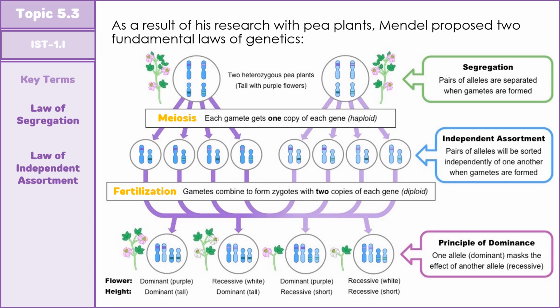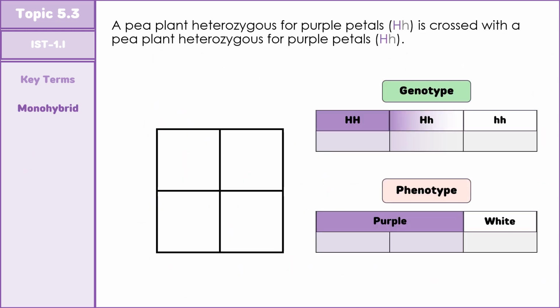If we're dealing with a monohybrid cross, we are going to be looking at a single gene. Mono means one. So I've got a problem set up here where we have a pea plant that is heterozygous for purple petals. That means that they have a dominant and a recessive allele.